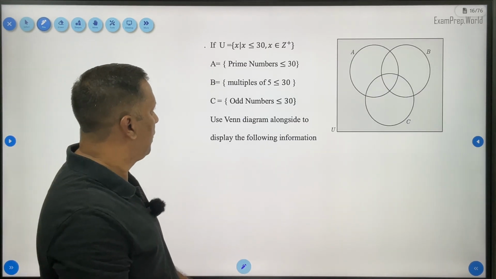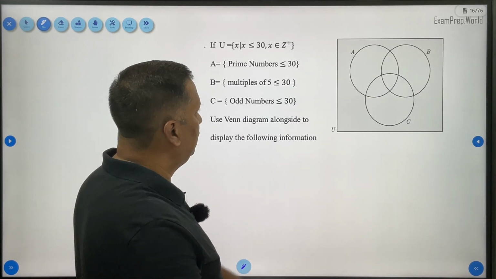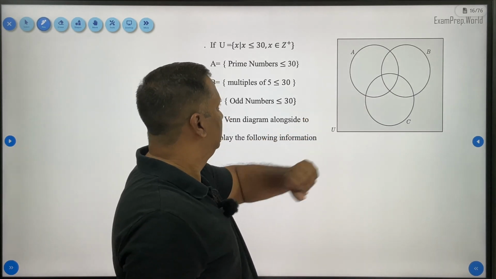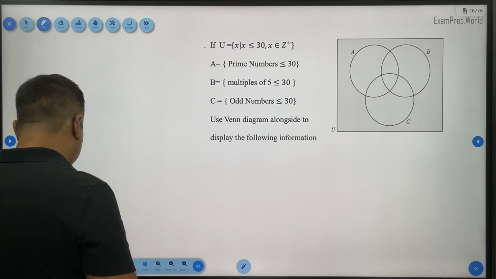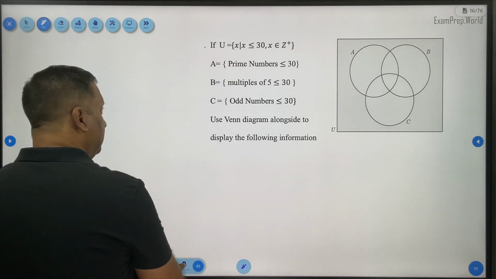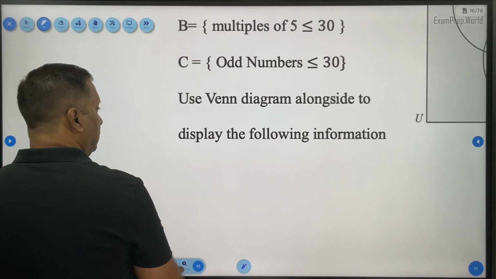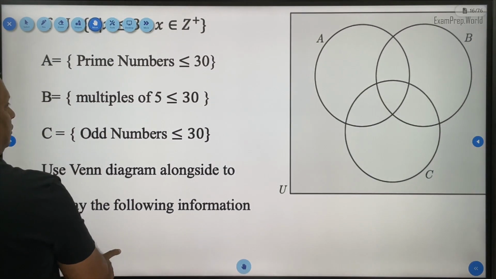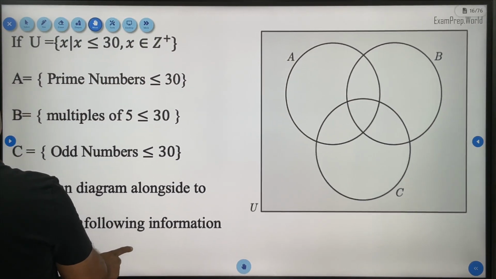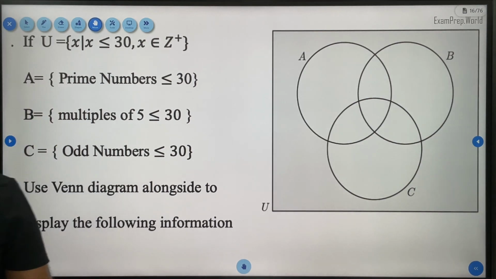This question will be a little difficult to illustrate on this particular diagram, but still we will try. I will zoom this one because there is less space to write there. Okay, now I have some space here.